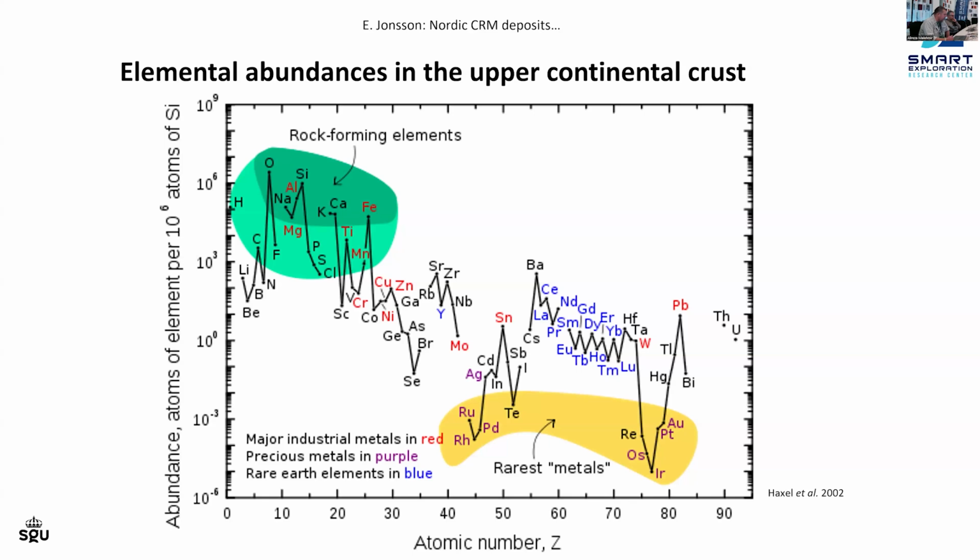Then we have, with decreasing abundances, base metals, various other metals, and the rare earth elements in blue. And we have the rarest metals with the lowest abundances, essentially comprising gold and platinum group metals.